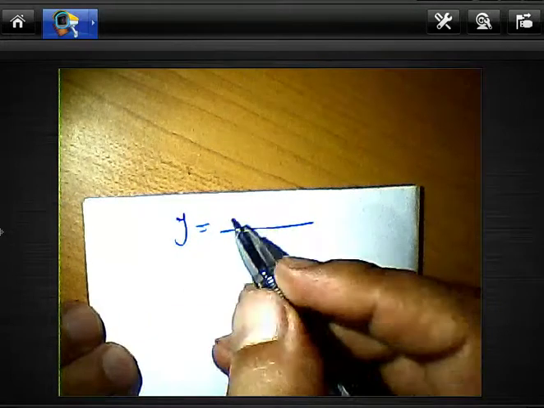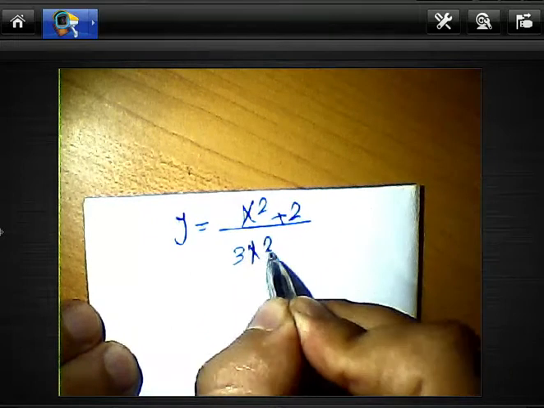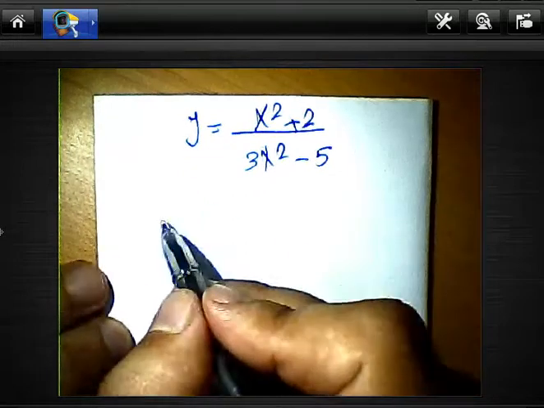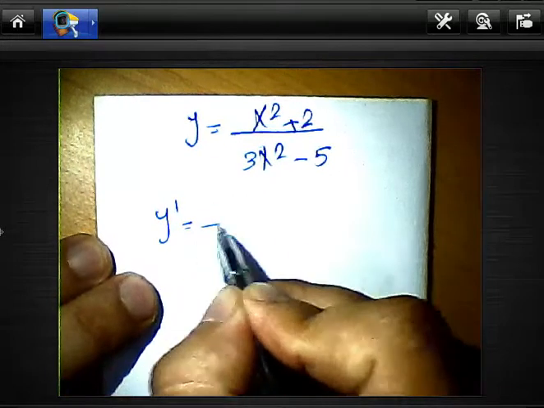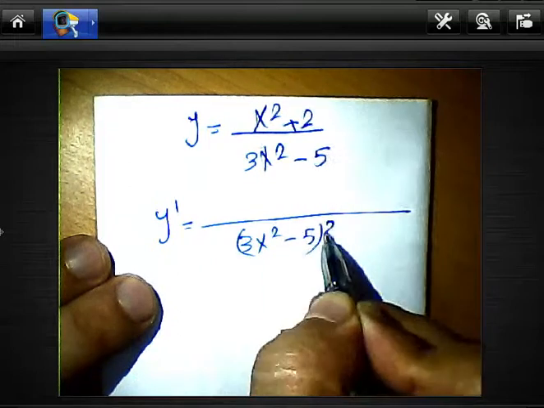Look at this example. y equals x power 2 plus 2 over 3x power 2 subtract 5. We want to find the derivative of the function. We can write the derivative here: this denominator in brackets power 2.